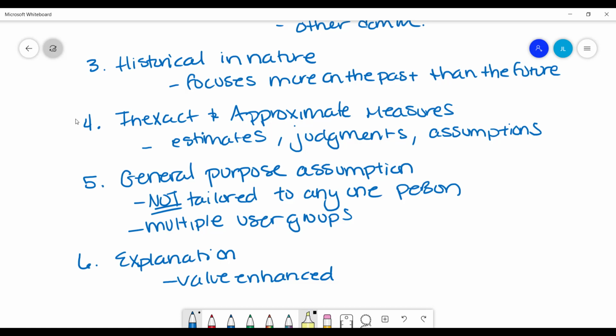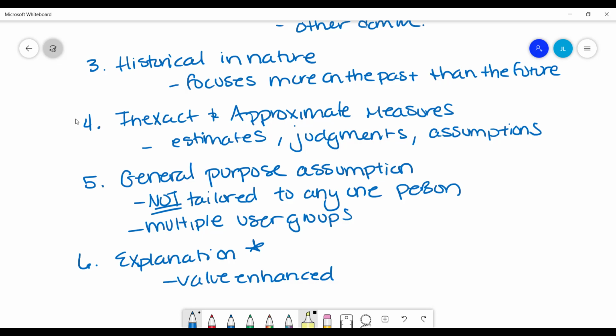Because if I just throw an income statement or a balance sheet at you, if you've taken a couple accounting courses, you might for the most part understand what's going on there. But a lot of the time, other bits of information, like what the company might have been through that last year, some significant events that happened, might help us to better understand what's going on in those financial statements. So that's what this characteristic refers to.